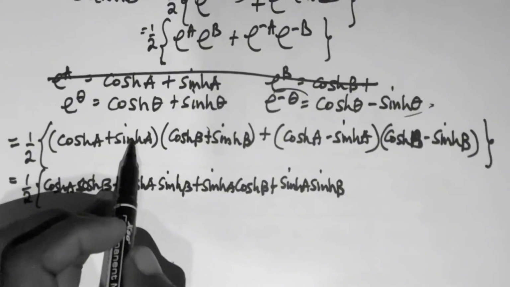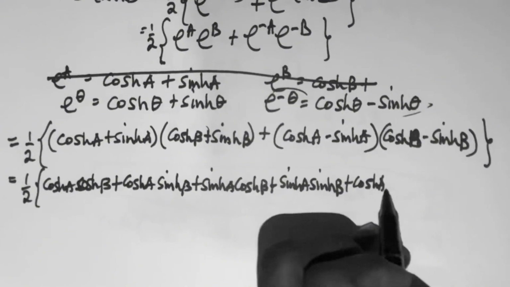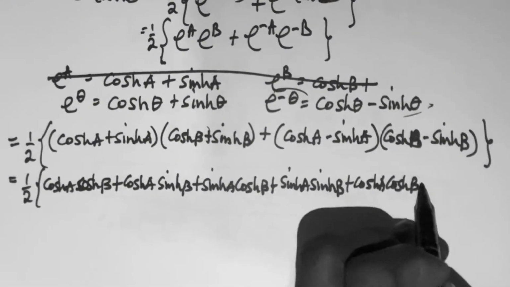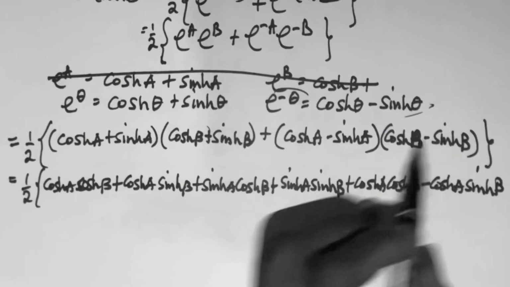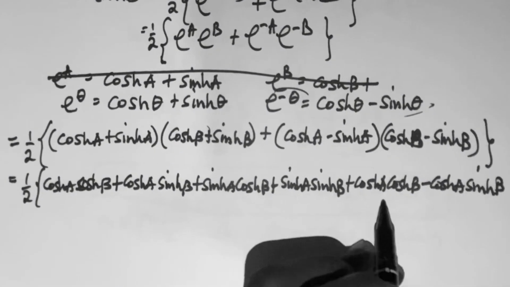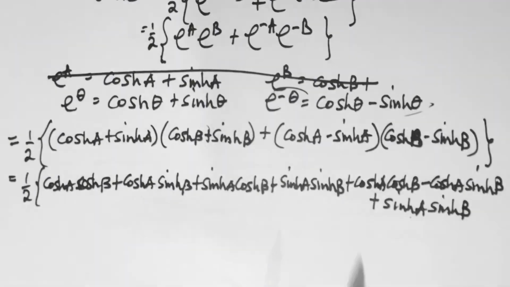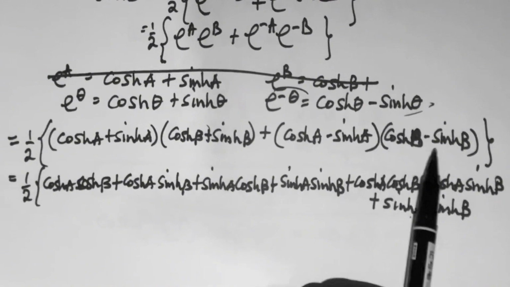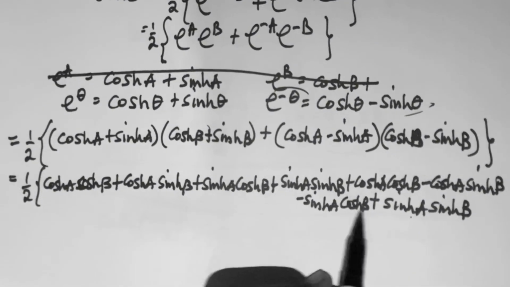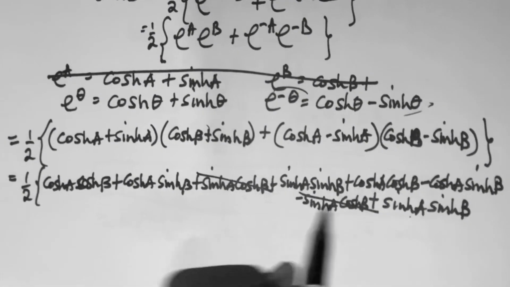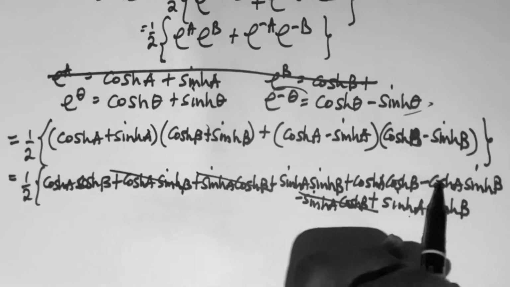So we are done with the expansion here. So with this, cosh A times cosh B becomes plus cosh A cosh B, and then minus cosh A sinh B. Then for the last one, sinh A times sinh B, I'm going to write that as plus sinh A sinh B. Now there is a missing term here, which is minus sinh A cosh B. So you can see that there is sinh A cosh B and minus sinh A cosh B, so these two cancel. Then minus cosh A sinh B and plus cosh A sinh B also cancel.